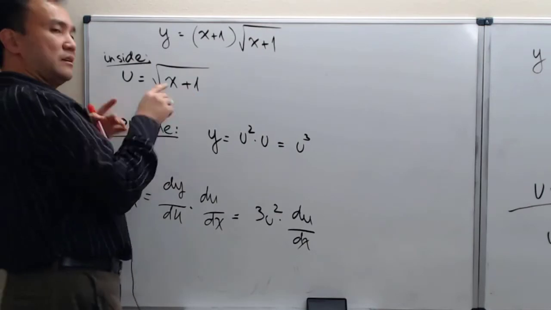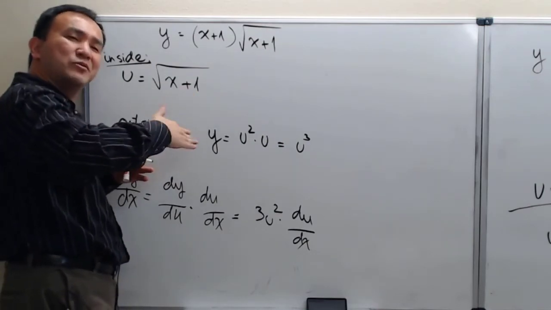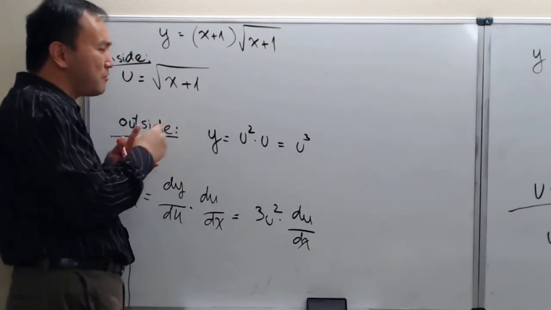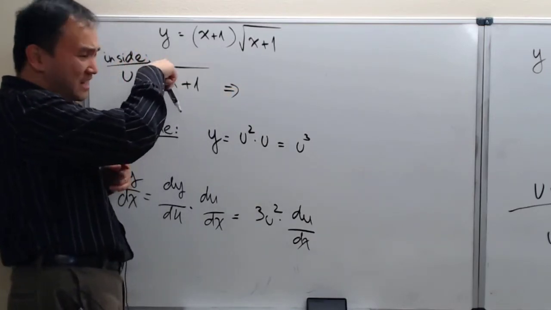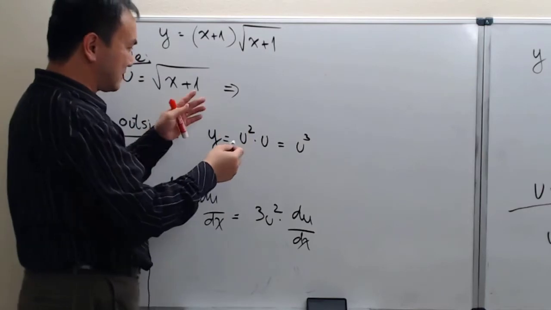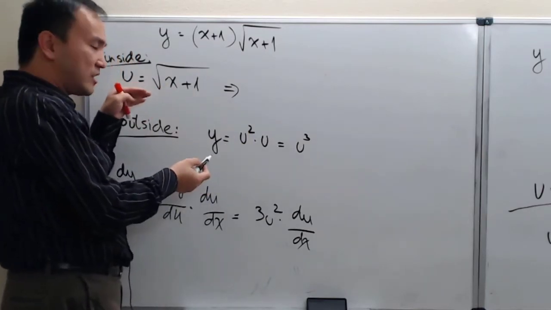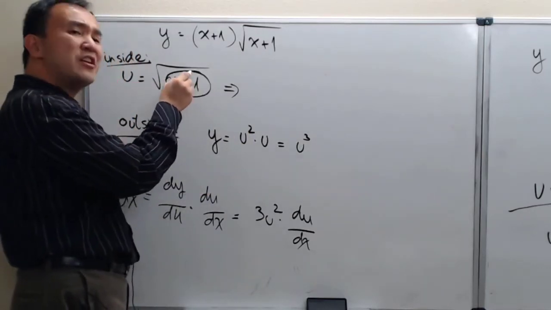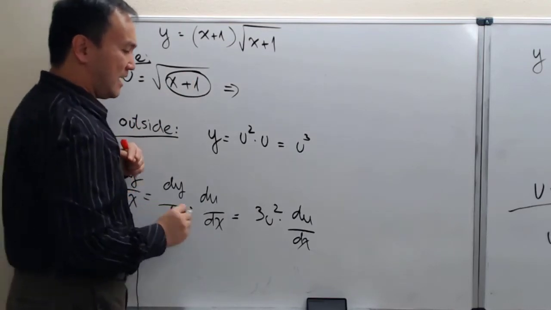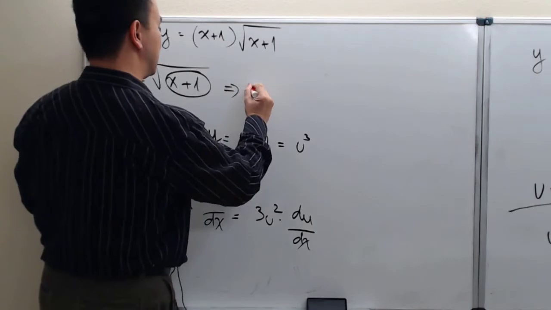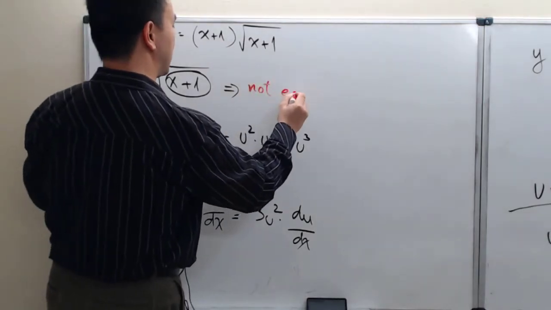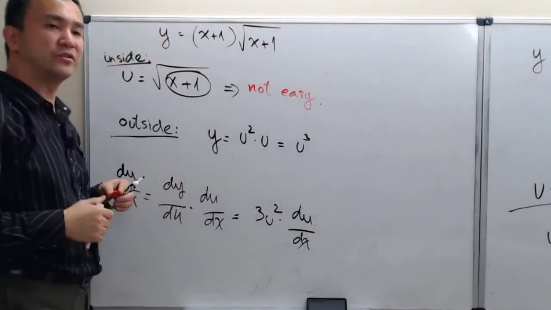At this point, maybe we have learned to use the chain rule again, so probably we have to find another inside out of that. That means if we choose the inside function this way, then we're going to end up doing another chain rule over here. And so my point generally is it's not easy. Getting this derivative is not easy compared to the earlier one.